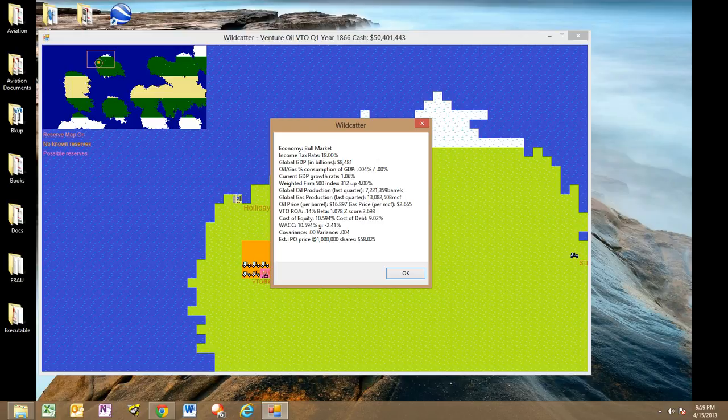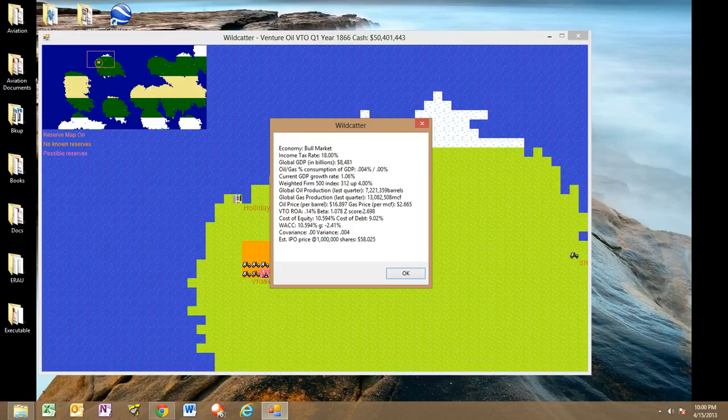There's a smoothing effect that causes a lag in the GDP growth rate that's intrinsic to the simulation's calculations. The weighted firm 500 index is an artificial stock index of 500 of the biggest firms in the simulation world. And right there you can see it went up 4%. The weighted firm 500 index tracks GDP to some degree. So when the economy is doing well, the index normally goes up. When it's doing poorly, it goes down.